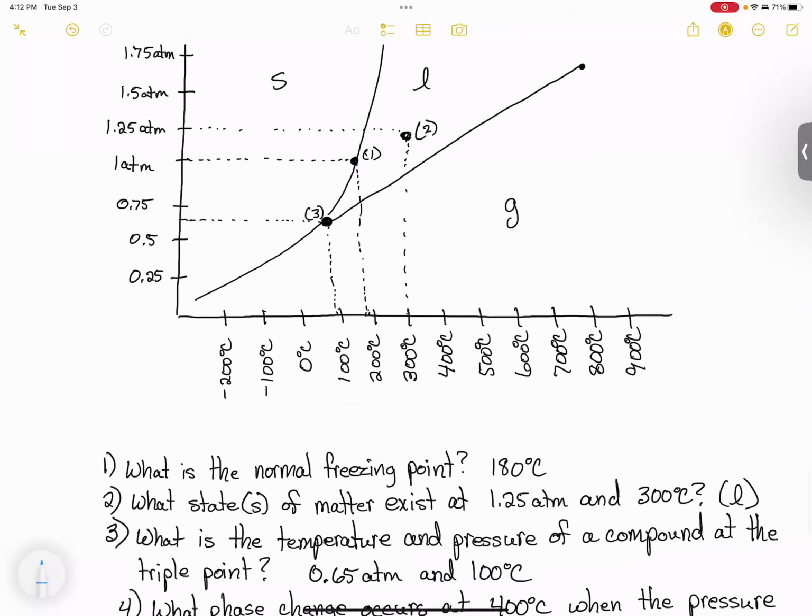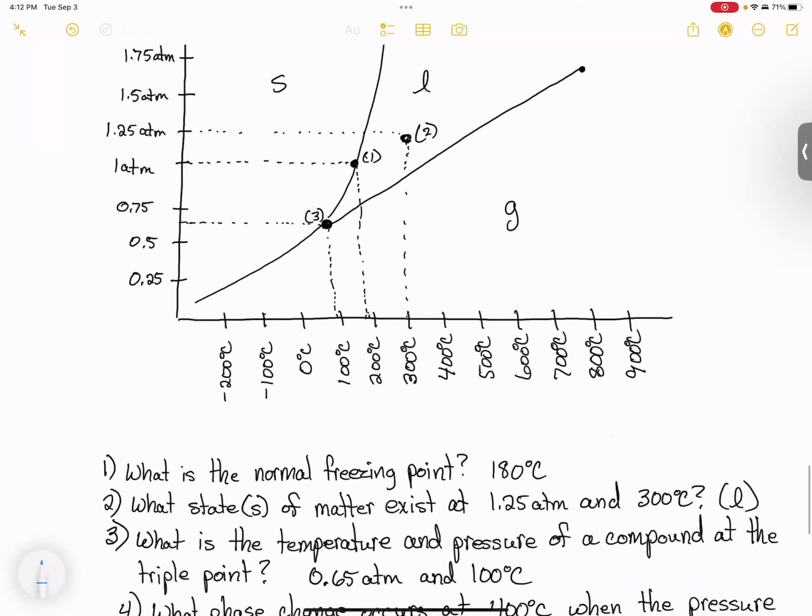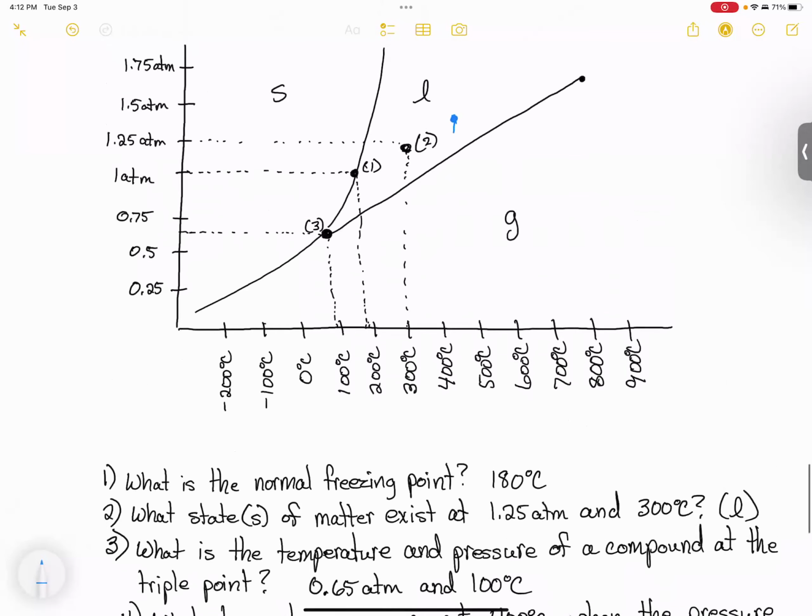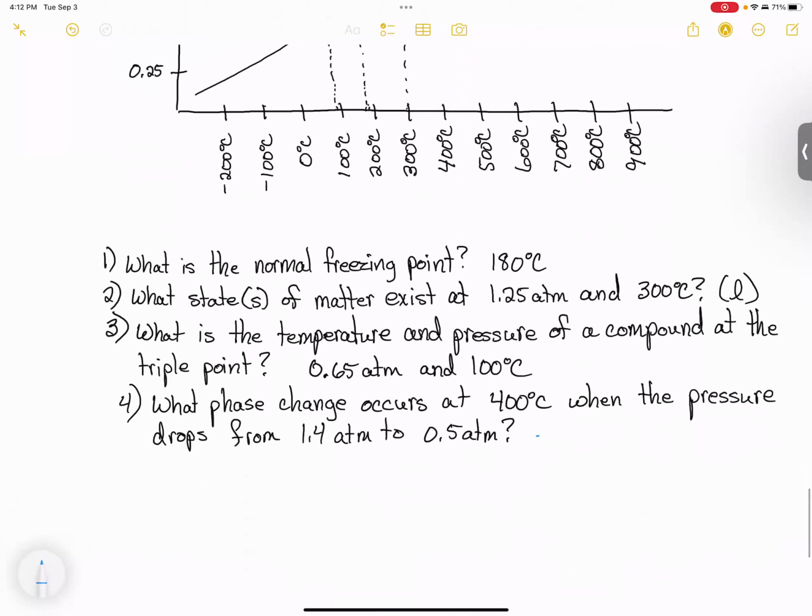So 1.4 atmospheres and 400 is roughly there, to 0.5 atmospheres is roughly there. So yes, it evaporates.